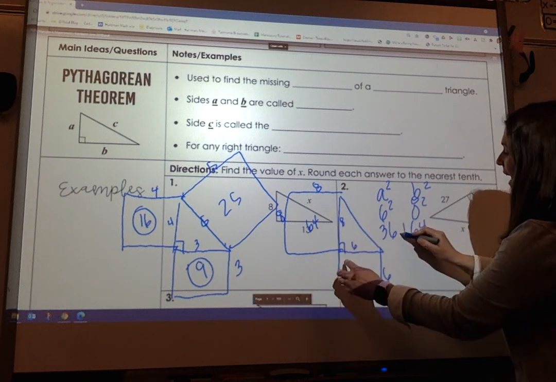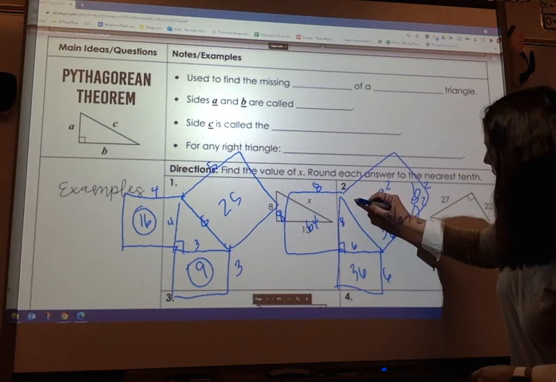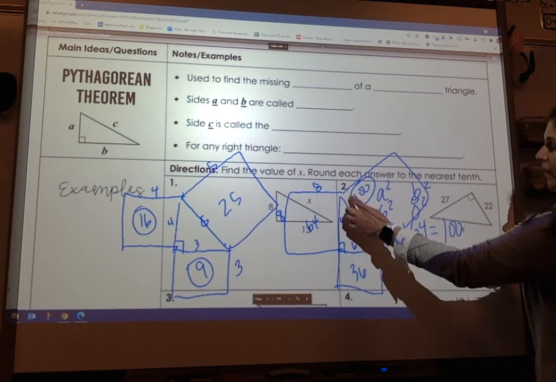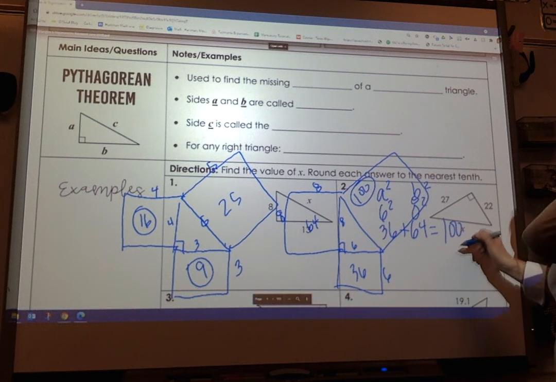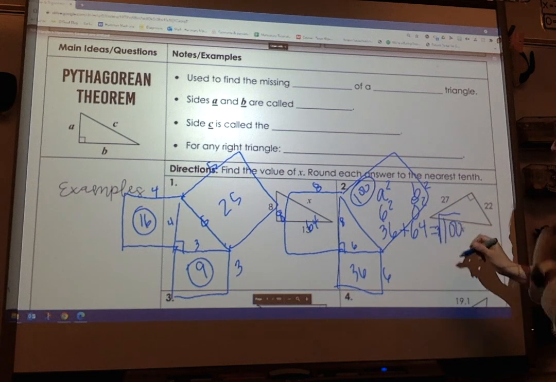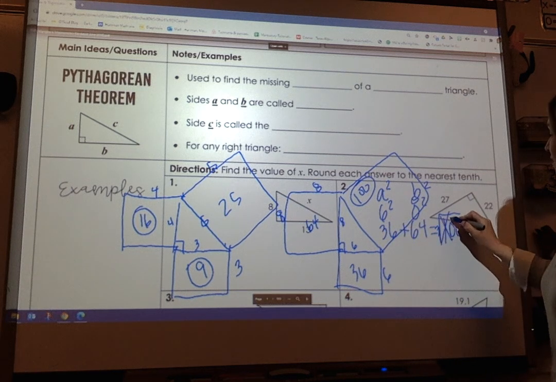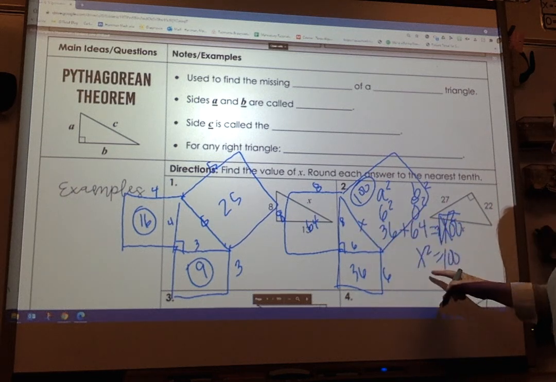And then I add these together, it's going to give me the area of c squared. But I don't want the area, I want the side length. So I get x squared equals 100.